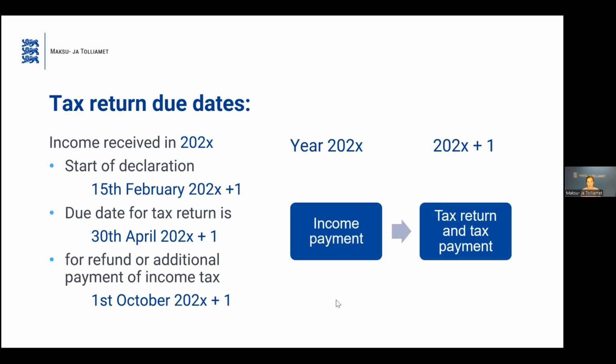For example, if you receive documents about your foreign income later, if you receive those before the last day of payment, which is the 1st of October of the year of the tax return declaration, then everything shall be okay still. But if you submit your tax return later than the 1st of October of the following year, then penalties and interest may apply.